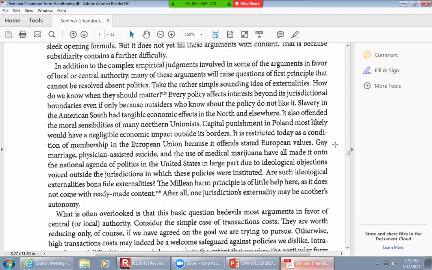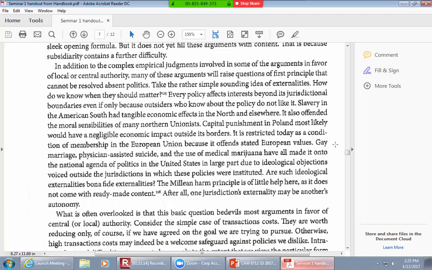You must have heard this recently, at least if you're in Victoria. "And the use of medical marijuana have all made it onto the national agenda of politics in the United States, in large part due to the ideological objections voiced outside the jurisdictions in which these policies were instituted."